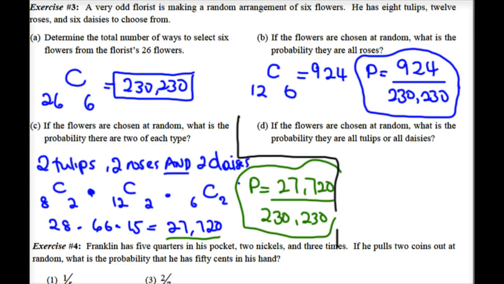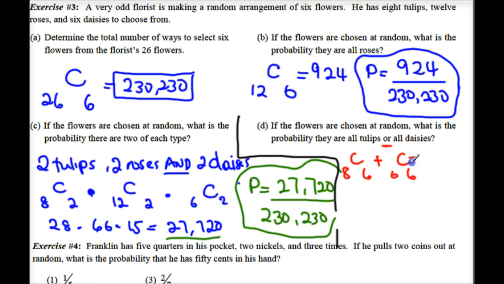Now, looking at part D, it says, if a flower is chosen at random, what is the probability that they're all going to be tulips or all daisies? So there are 8 tulips, so we need 8 choose 6, plus, because I'm dealing with or, and there are 6 daisies, 6 choose 6.